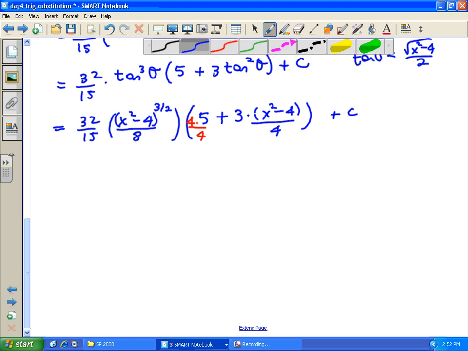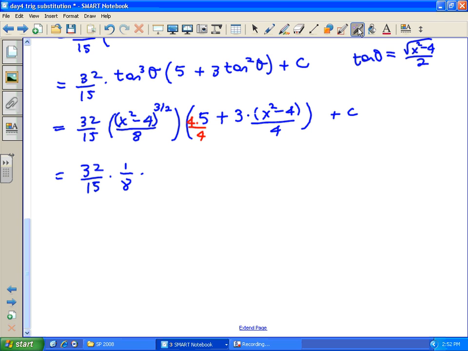So the way we can simplify this now is factoring out the 32 over 15, which was already there. Then I'm going to take out this 8, which is as 1 over 8. And I will also take out from over here the 1 over 4. So take that out.